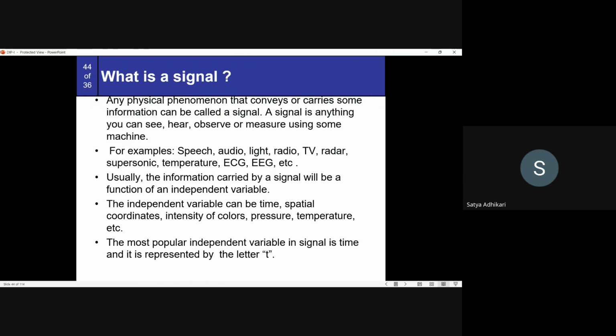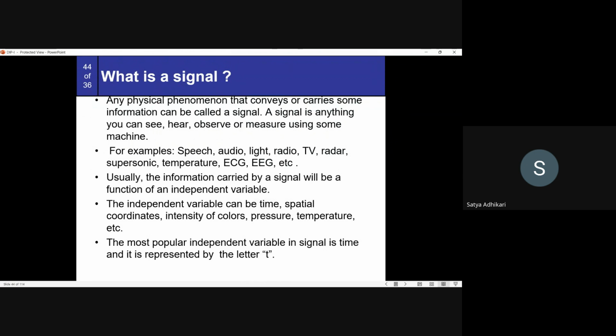For example, speech is a signal, because when you say something, some signal goes to you and you hear it. Audio also, you can hear it because some signal reaches your ear. Light also, radio, TV signal, radar, supersonic, temperature, ECG, EEG, all contain some signals.